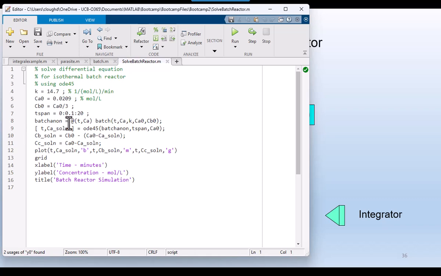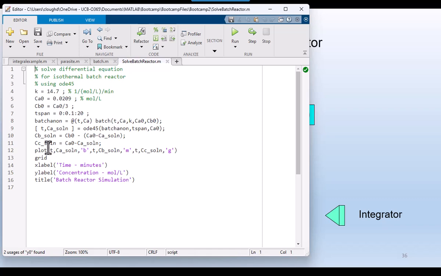Now, here we go back to using a subservient function to complete the anonymous function, and we note that the key arguments for ODE45 are T and CA, but we have these 3 additional arguments, k, CA naught, and CB naught, that we need to pass through to the batch function.